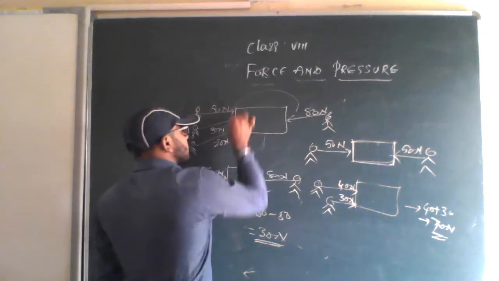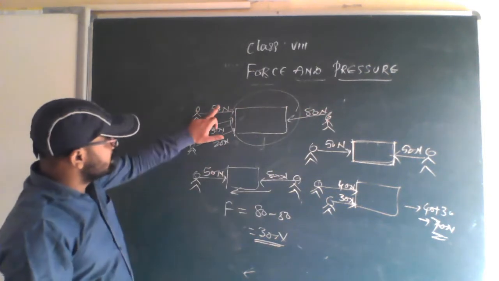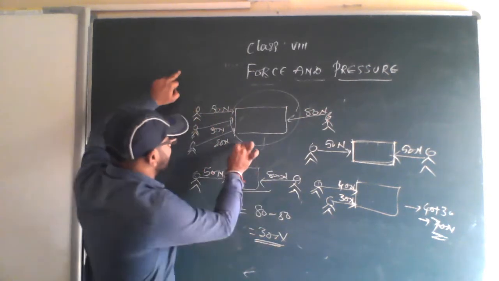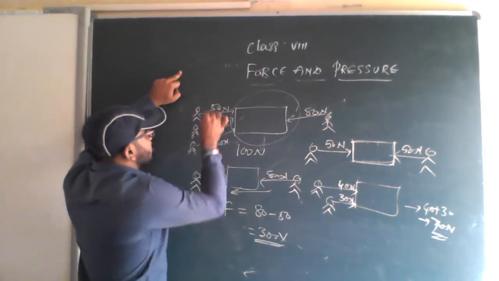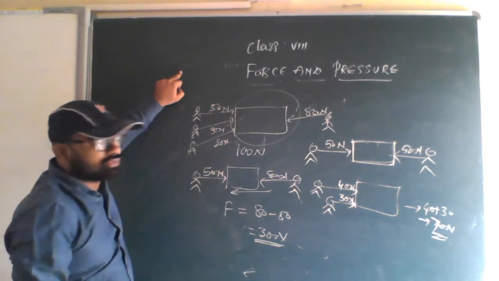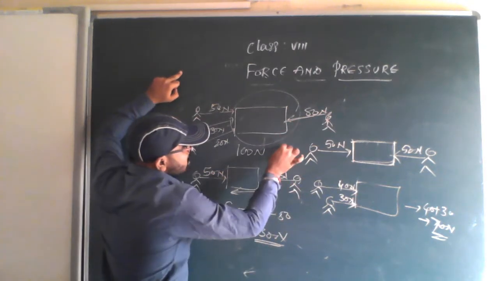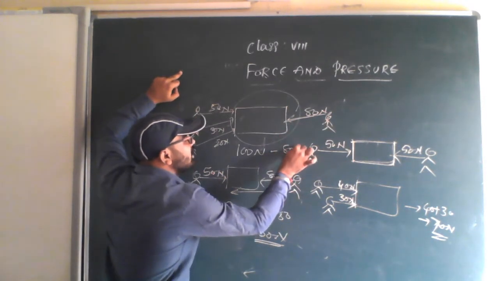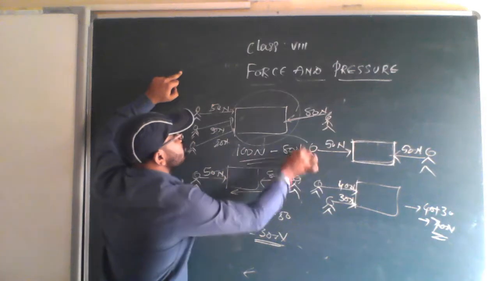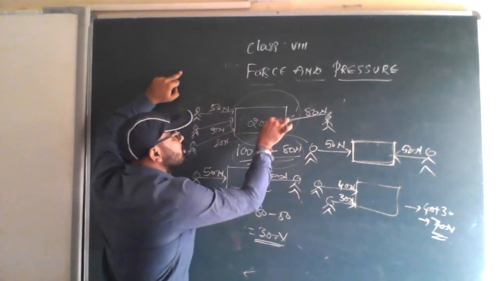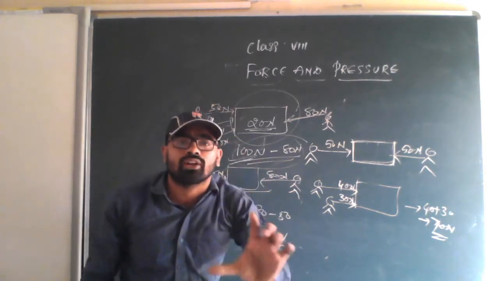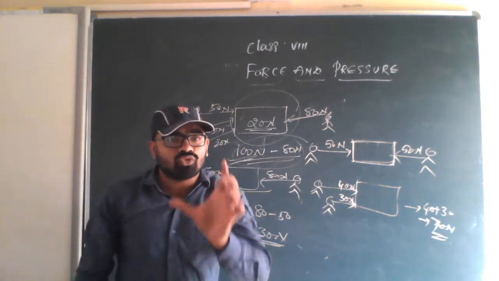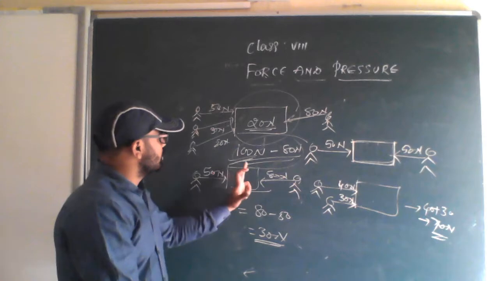So what is the total force on the body? Those in the same direction get added: 30, 50, 20, that is 100 Newton. But his is in the opposite direction, so minus 80 Newton. So the total force on the body is 20 Newton. This is called the net force on the body. Net force on the body is 20 Newton.